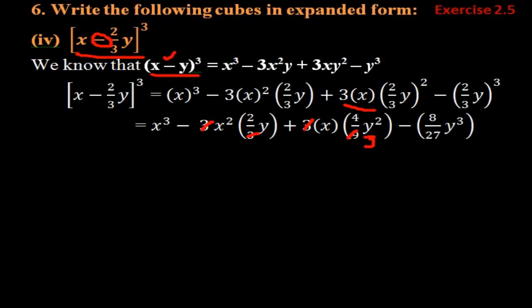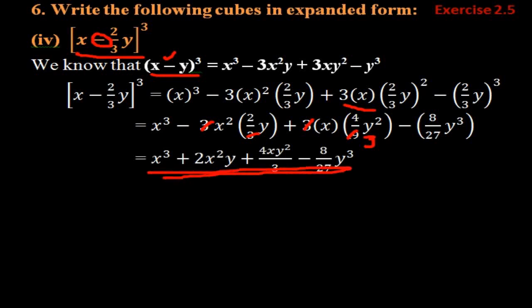So now what is the remaining term? x cube minus, we can write the coefficients in front. So it becomes 2x square y, plus 4 by 3 xy square minus 8 by 27 y cube. This is the final expanded form.